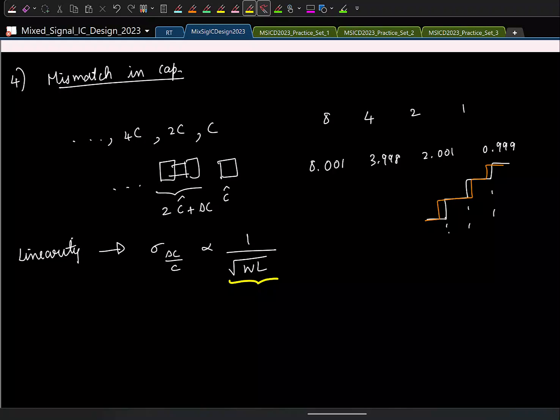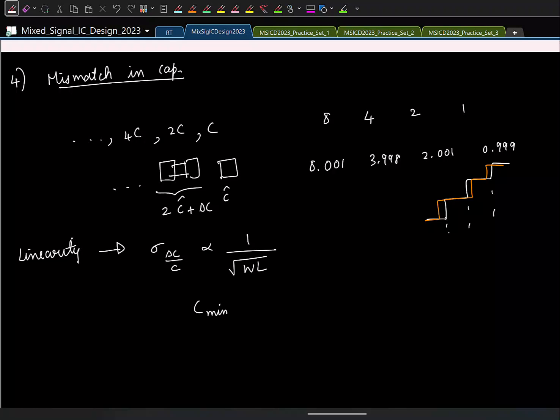Fine. So since you are going to have a minimum area, that straight away sets your minimum capacitance you can have, because to have good matching among the capacitors, we have to use some specific minimum value at least to guarantee matching, right?